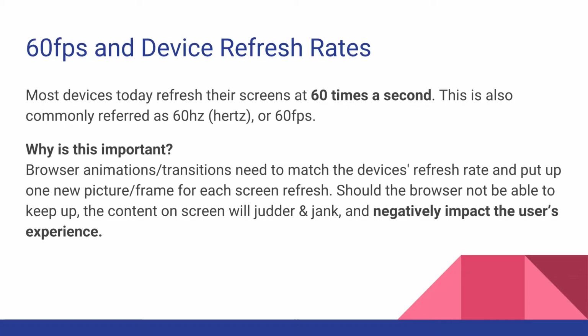The reason this is important is that browser animations and transitions need to match the device's refresh rate and put out one new picture, or frame, for each screen refresh. Basically, if you don't animate something 60 times a second, as the screen refreshes, then the content on the screen will judder and jank and negatively impact the user experience.